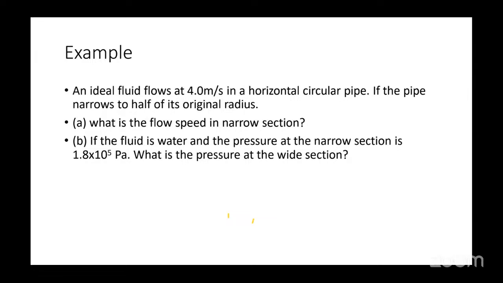B, if the fluid is water and the pressure at the narrow section is 1.8 times 10 raised to 5 Pascal, what is the pressure at the wide section? So to answer this, the first thing to do for A, we use the continuity equation to find the speed. And then for B, we'll use the Bernoulli equation to find the pressure.